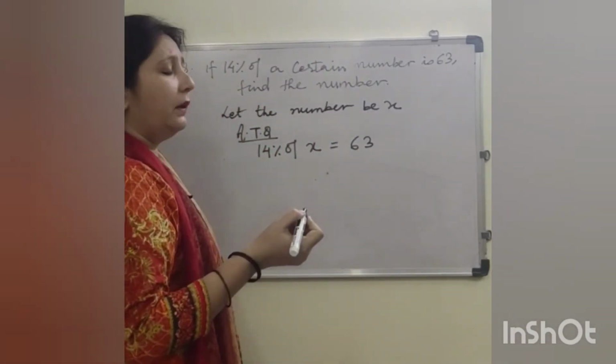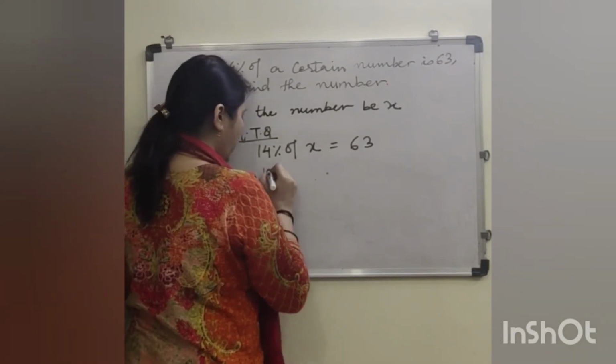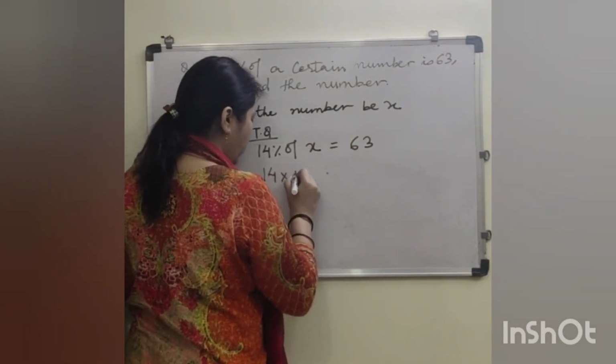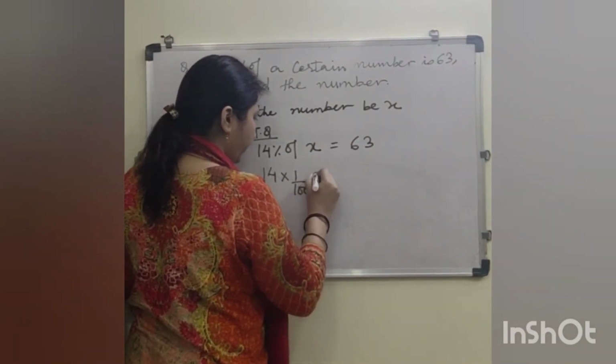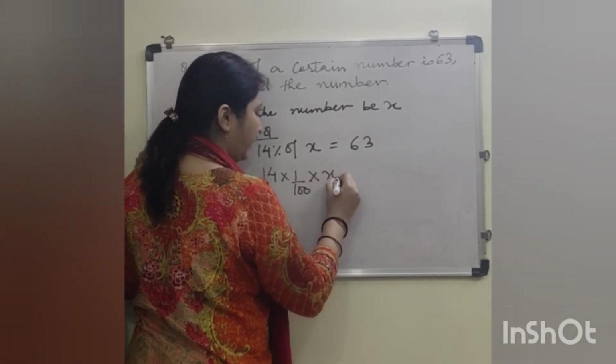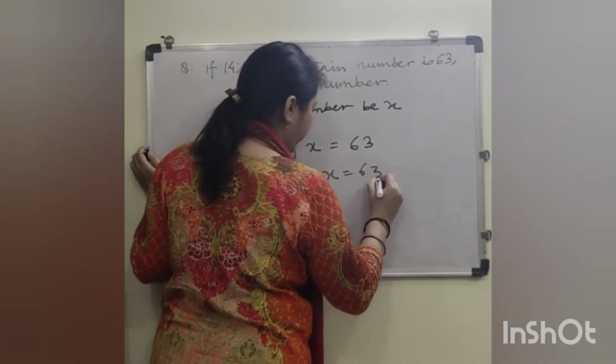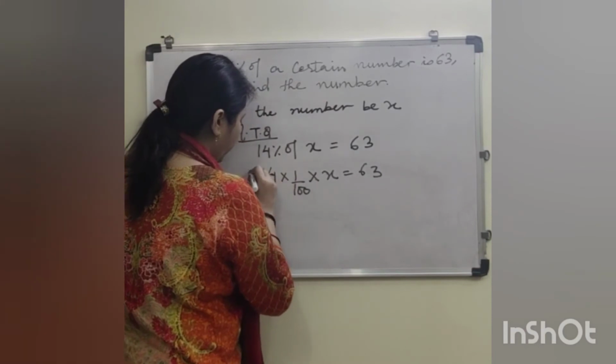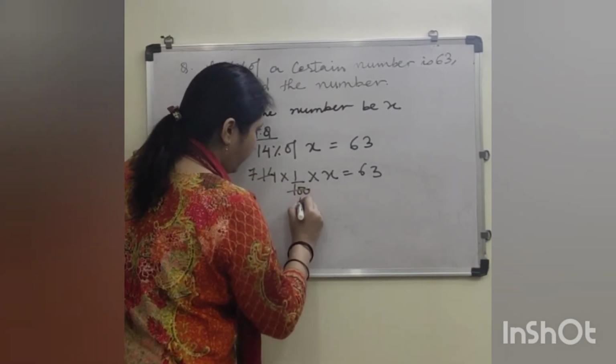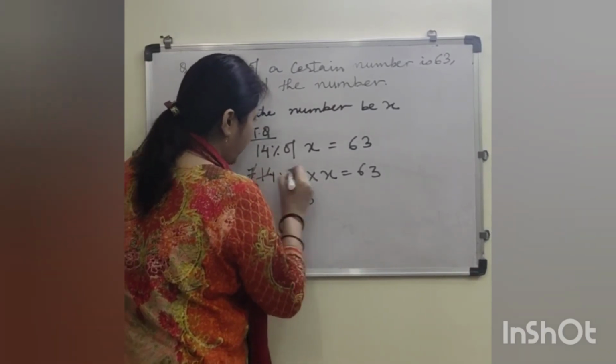Fine. Let's solve. 14 into 1 over 100 of x, of stands for multiplication, is equal to 63. 2 7s are 14, 50. 7 nines are 63.